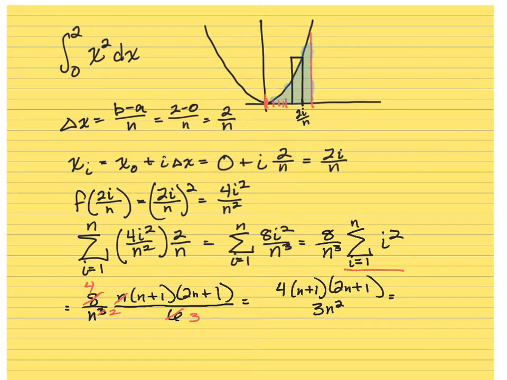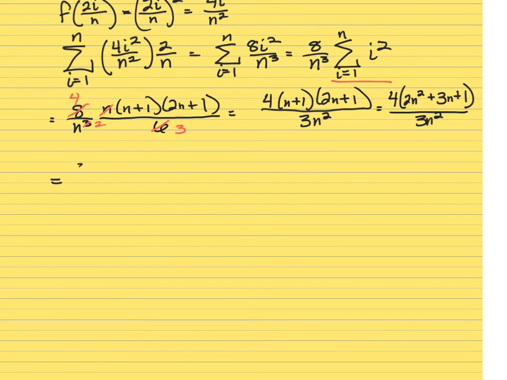Or if I just FOIL that out, it'll be 4 times 2n squared plus 3n plus 1, all over 3n squared. And this equals 8n squared plus 12n plus 4, all over 3n squared.